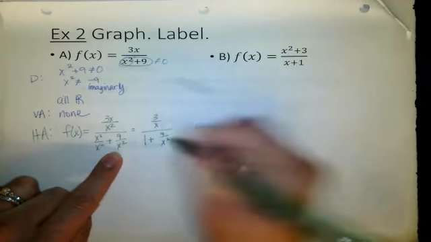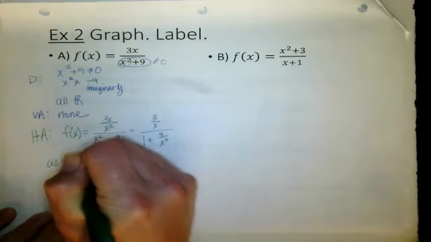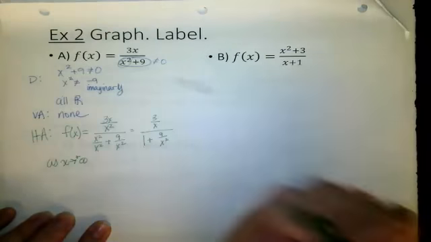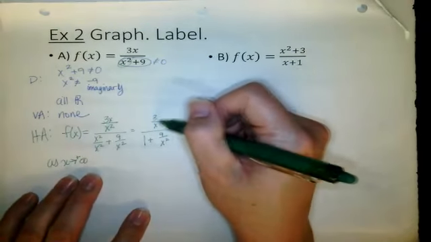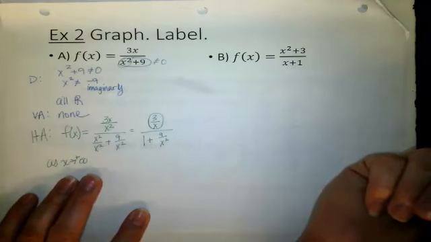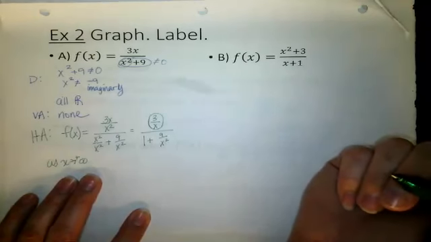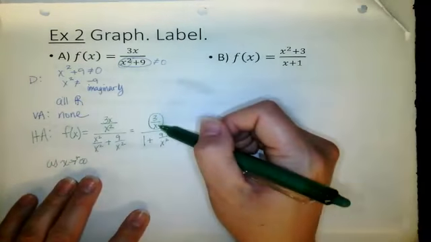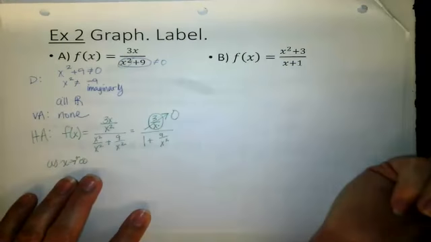We want to know what happens as x gets really, really large. As x gets really large, what happens to 3 over x? It gets really, really small. Very good. 3 divided by a billion is so small, almost 0.